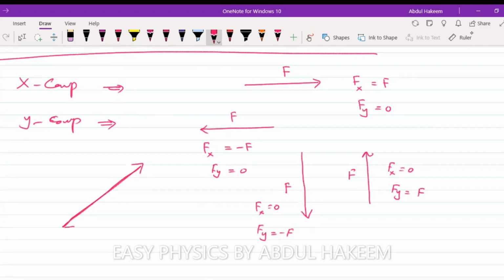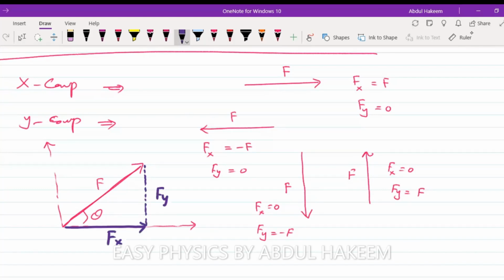It's making some angle with the horizontal line, theta. This is the vertical line. Now, when this vector is resolved into two components, this portion is the x component, and this portion is the y component.